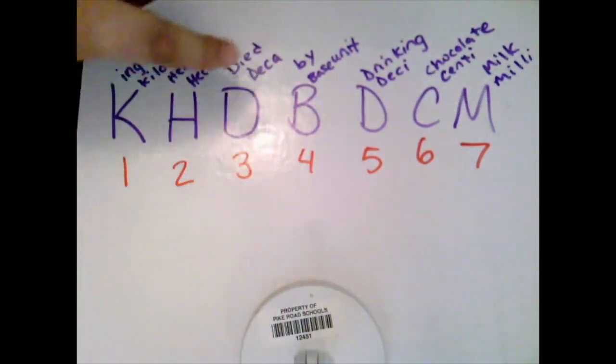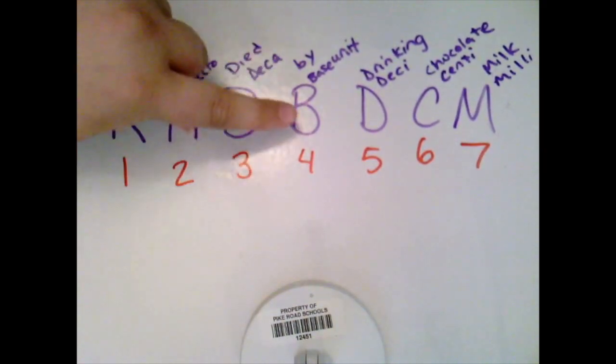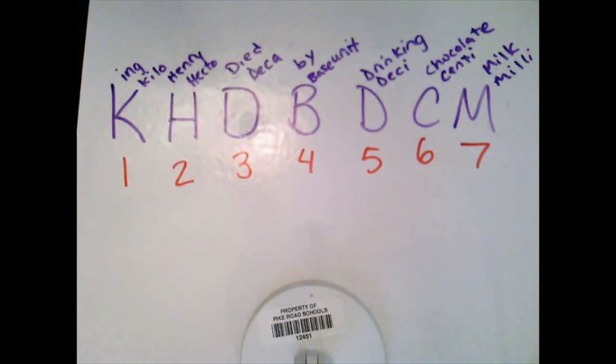Okay? Think of these words as prefixes, and whatever the base unit is, that's our root word. So for instance, if I said that Sam and Caleb and Evan went and ran a 5K yesterday, K represents kilo, and 5K is 5 kilometers.